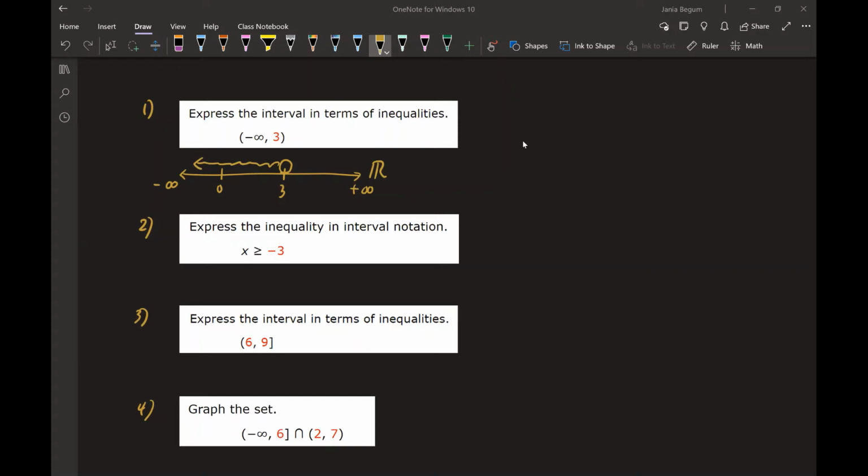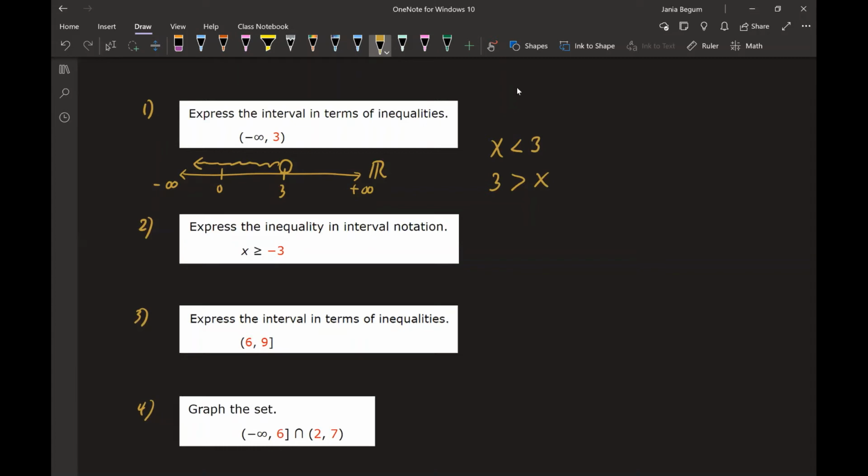So Emily says x is less than 3. Monsieur, what do you have? I say 3 is greater than x.